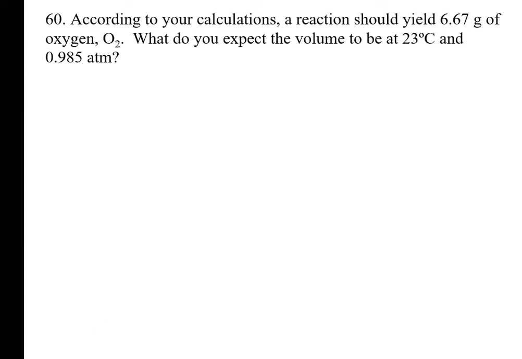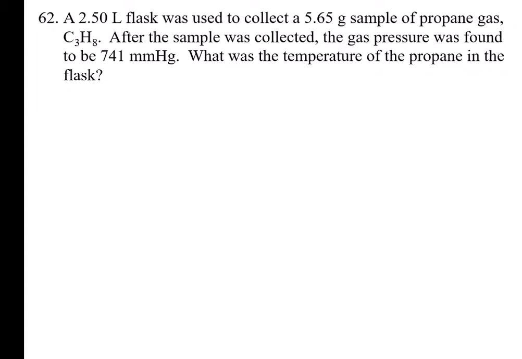All right. Next one. I would suggest stopping this video, trying to do this one on your own before I do it, and see if you get the right answer. Same process. I have what's given. I have 2.50 liters, a unit of volume.